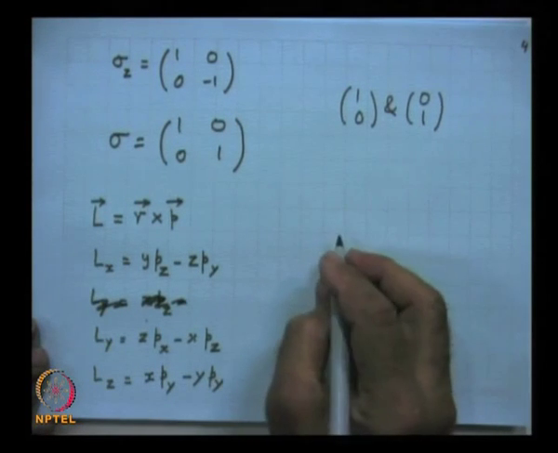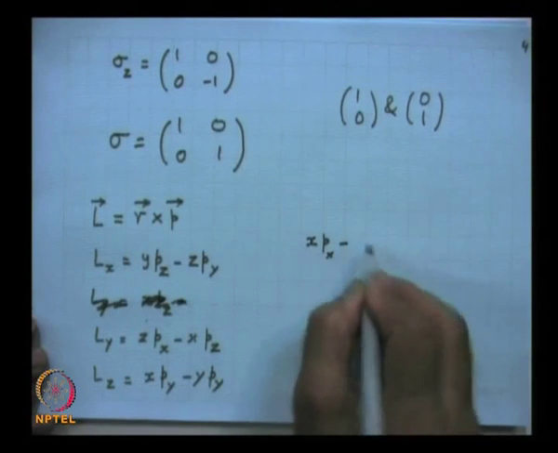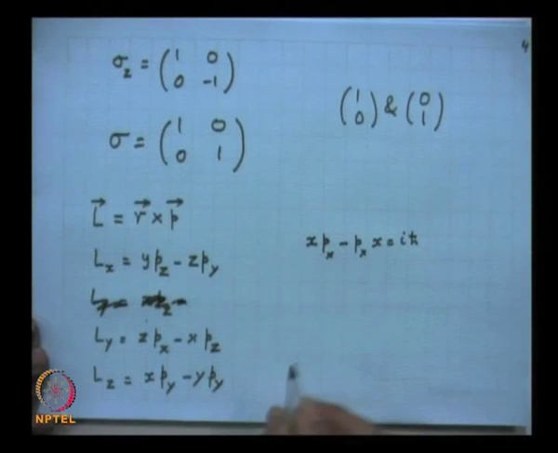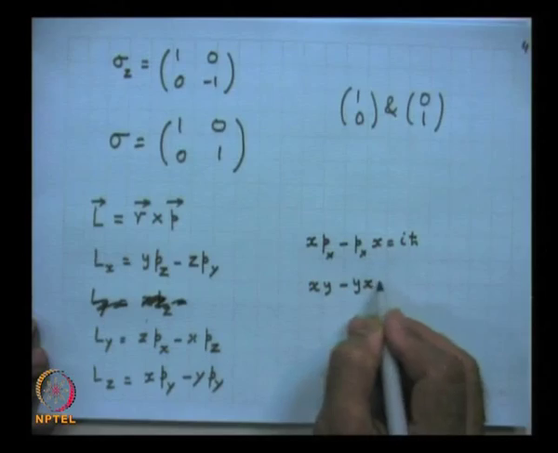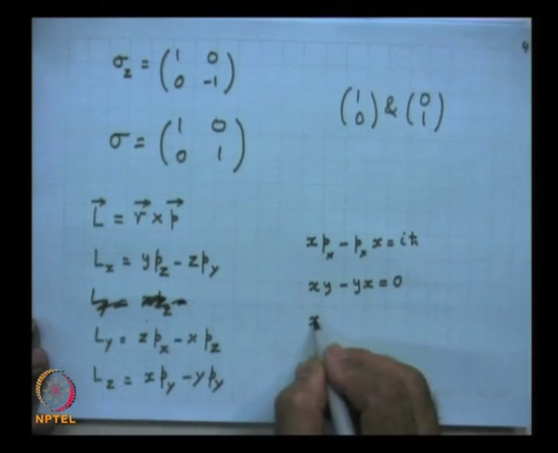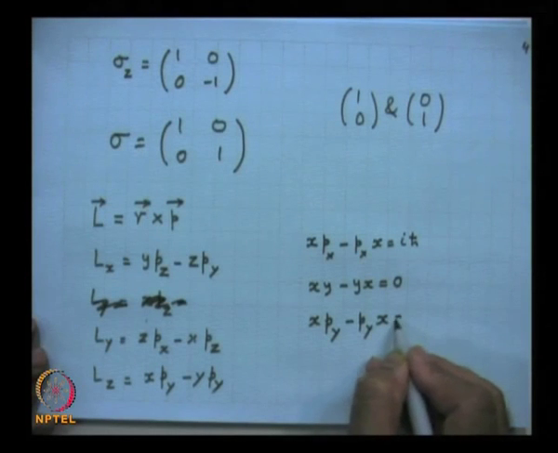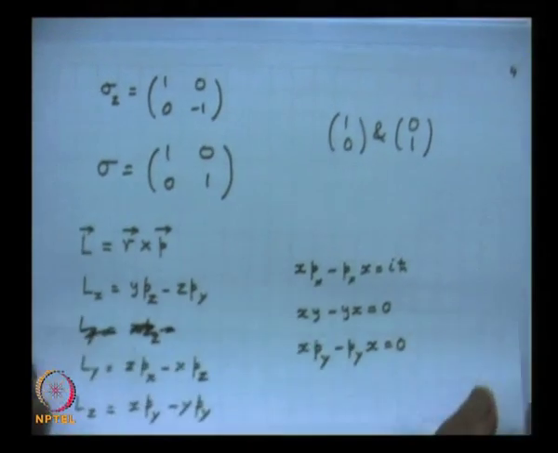However, we must be very careful that x and px do not commute. X px minus px x is equal to i h cross. On the other hand, x and y commute, x y minus y x is 0, and x py minus py x is also equal to 0. With this, we will now calculate the commutation relation between Lx and Ly.